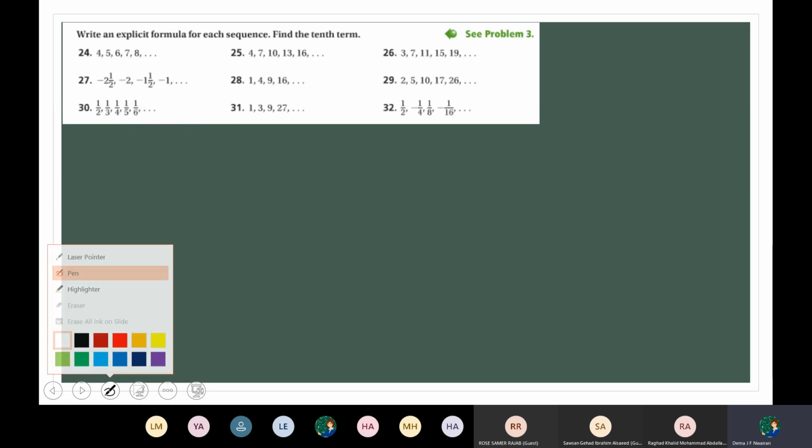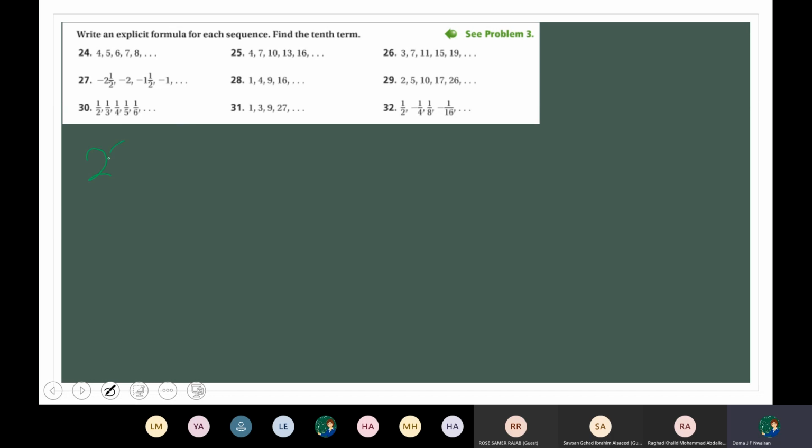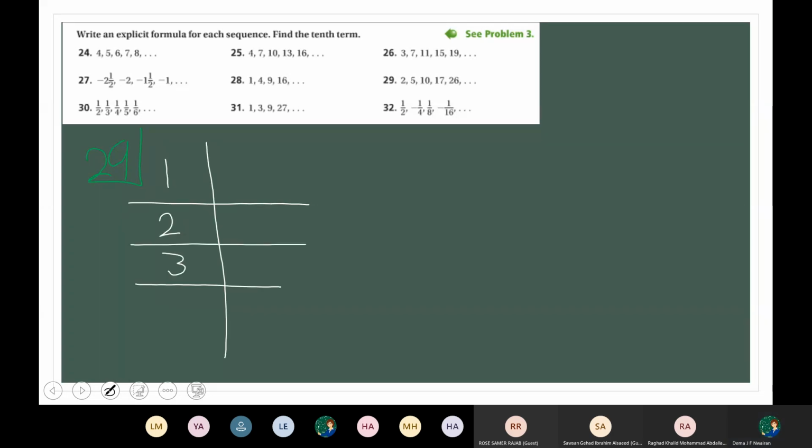Let's now do 29. In 29 here we have 2. What do you think?